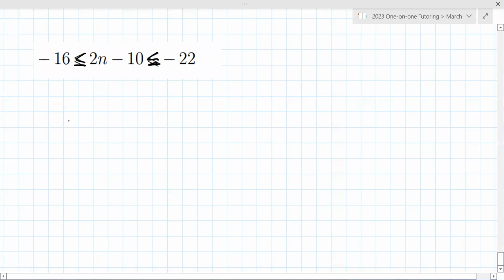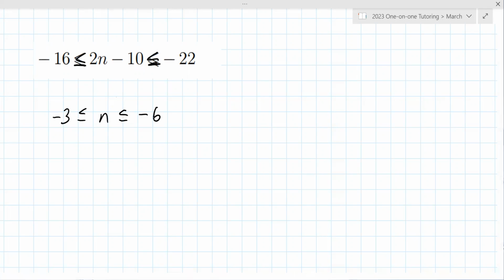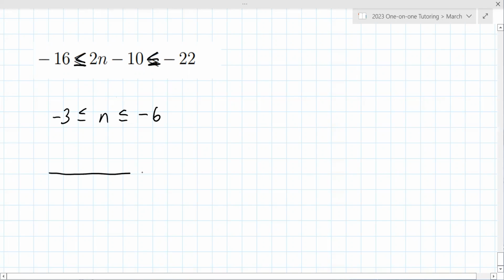-3 is less than or equal to n less than or equal to -6. And then for my line, I have -6 on the left with a fully shaded circle, and -3 on the right with a fully shaded circle, and then the line in between. Yeah, good.